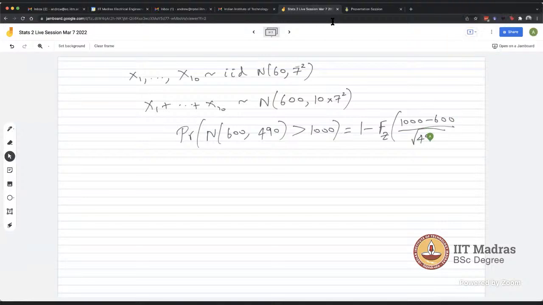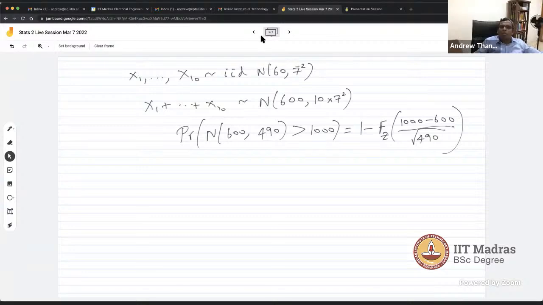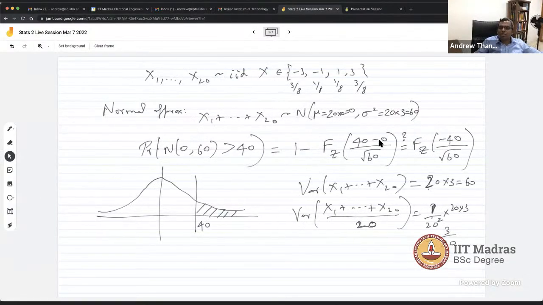Why are we multiplying with 10 here in the second line? It's the same thing as what I did in the previous question. You never asked me why I was multiplying with 20 there. I do expect the variance of these things to be the individual variances added up, right? They are all independent. So the variance of x1 plus x20 is the individual variance multiplied by 20.